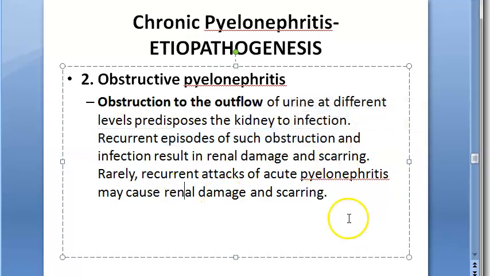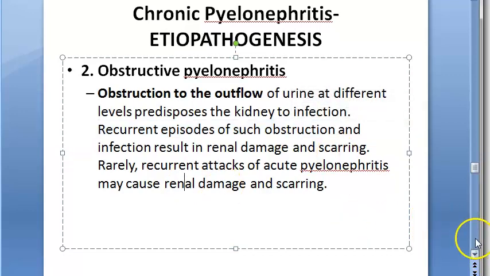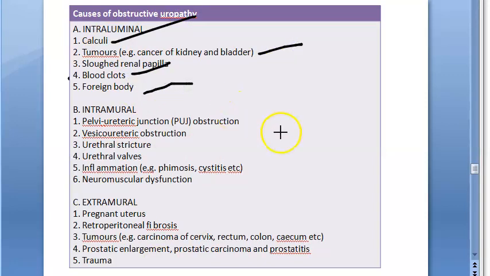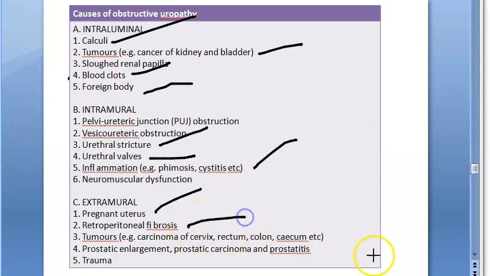Okay. So what are the causes for obstructive uropathy? You know renal calculi, kidney stones, tumors, right? Blood clots, some foreign body can be there. Some strictures, valves are not proper. There can be inflammation. Again, a pregnant uterus can be compressing and obstructing. Fibrosis, again tumors, trauma.